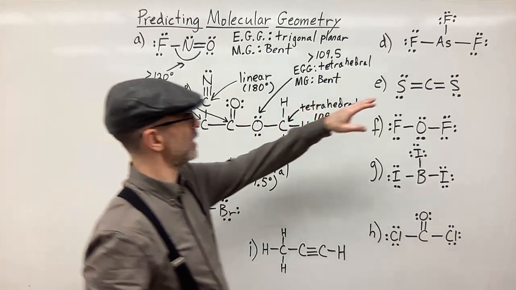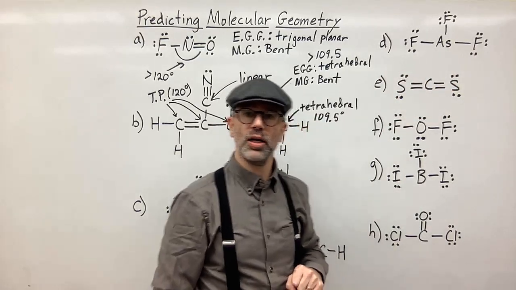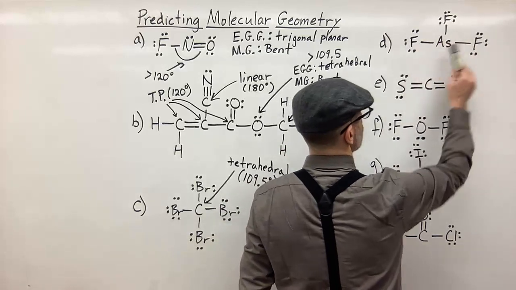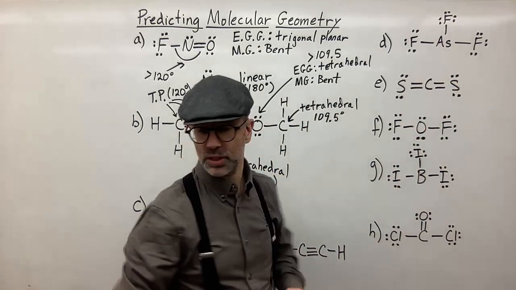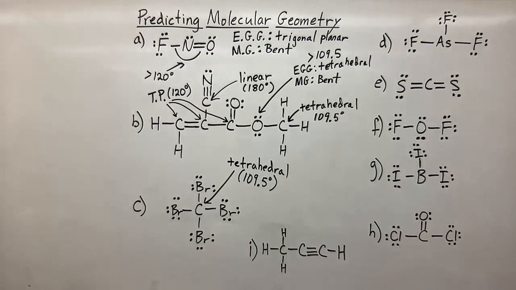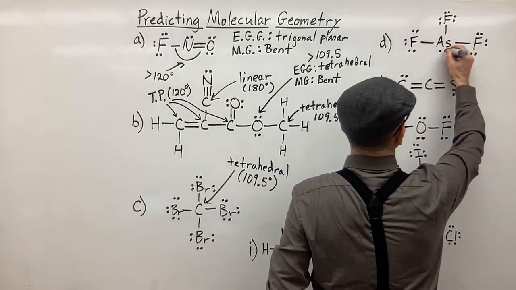Okay, we're going to go to D. Here, again, this molecule only has one central atom. So the 3 fluorines are bonded to this central atom there. And let me just double check that for a moment. I forgot a lone pair there.